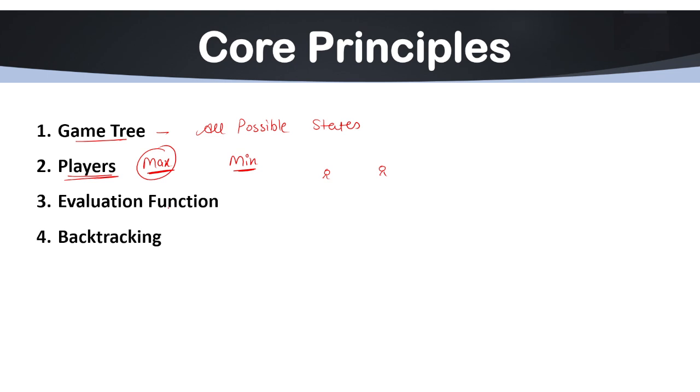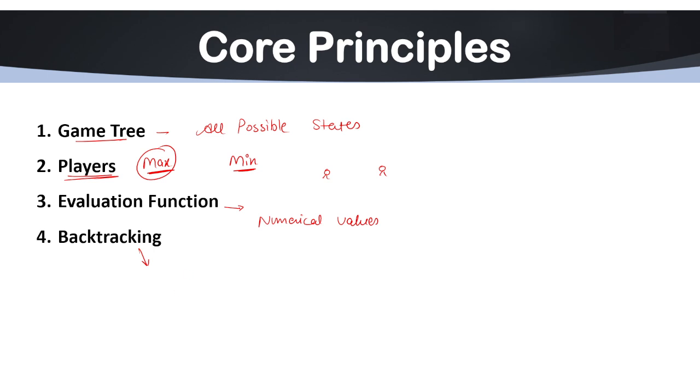Next we have the evaluation function. It assigns a numerical value to each game state, representing how favorable it is for the maximizing player. It can also terminate the states. Next is backtracking. The algorithm computes the optimal moves by backtracking from the terminal states of the game tree to the root.